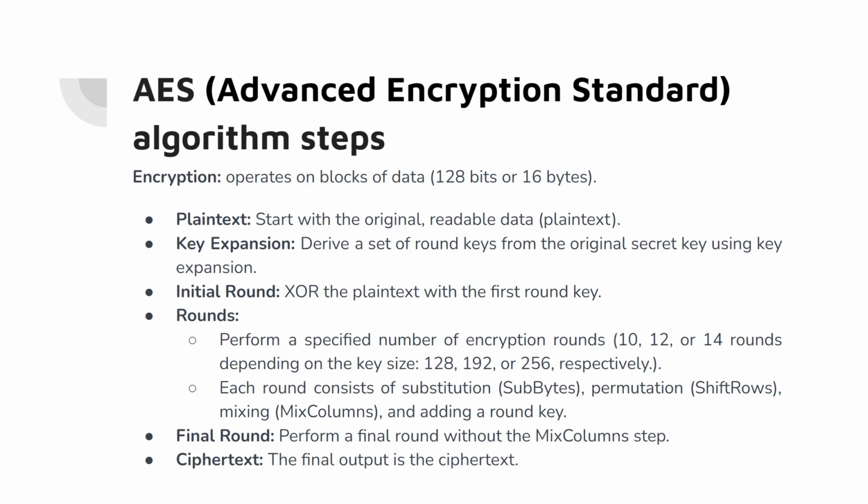Each round of the encryption and the decryption process consists of substitution using byte substitution, permutation using shift rows, mixing using mix columns, and then the round key addition. Besides the final round, every other round uses the mix columns step.